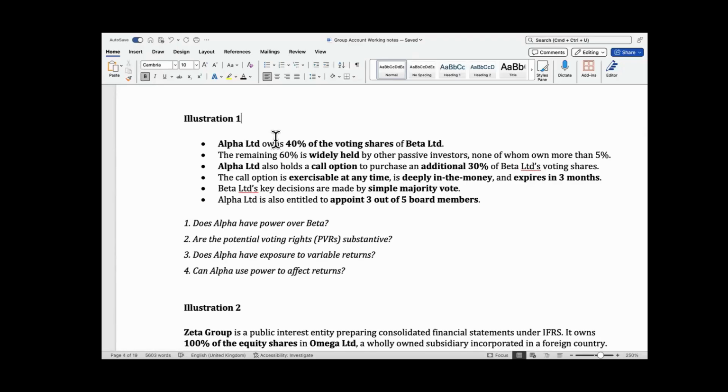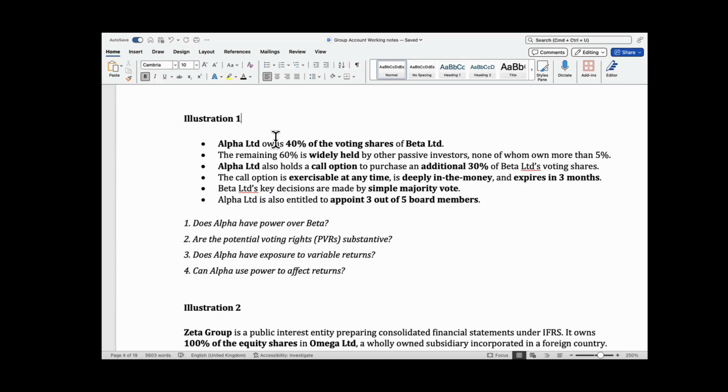Alpha Limited owns 40% of the voting shares of Beta Limited. The remaining 60% is widely held by other passive investors, none of whom own more than 5%. Alpha Limited also holds a call option to purchase an additional 30% of Beta Limited's voting shares. The call option is exercisable at any time, is deeply in the money, and expires in 3 months.